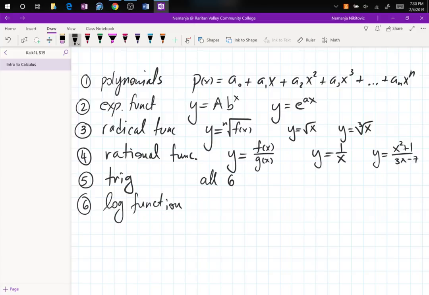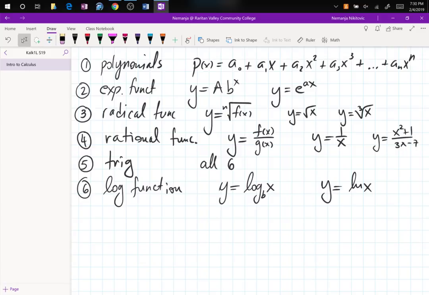But in order to do it, you should be able to deal with logarithmic functions from pre-calc. So logarithmic function, y equals log base b of x. Primarily we focus on ln x, because that's the inverse of e to the x. Number 7, piecewise functions. Oh, absolute value.